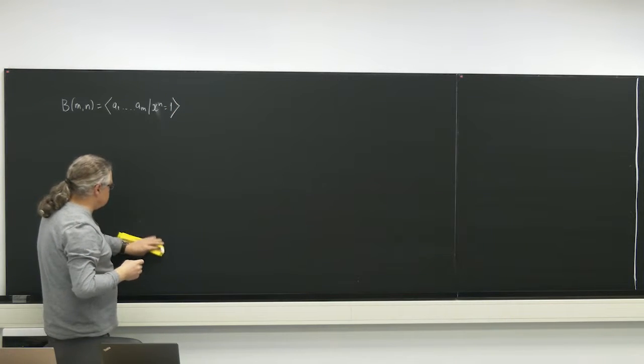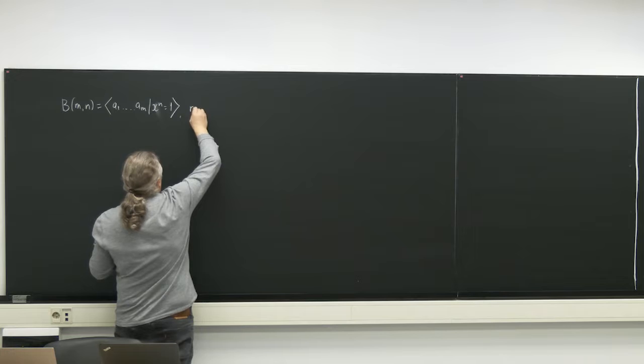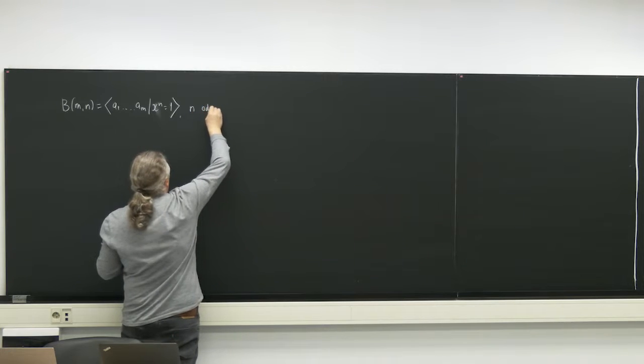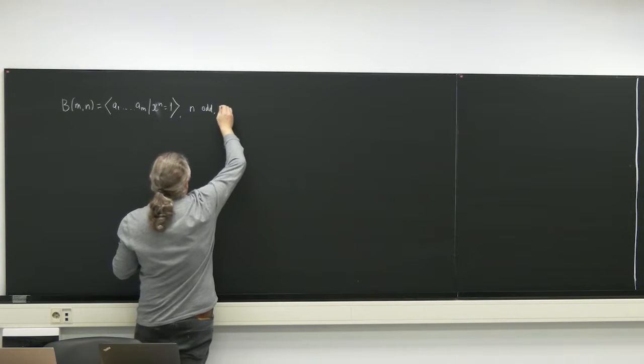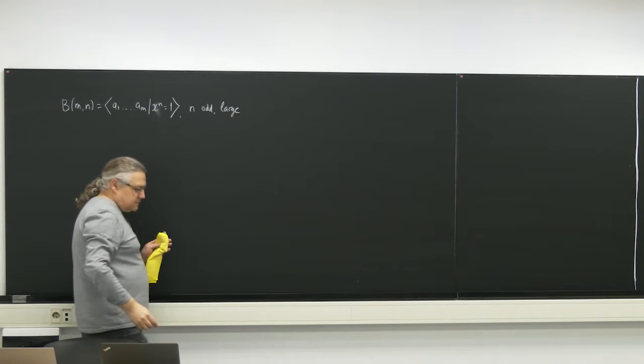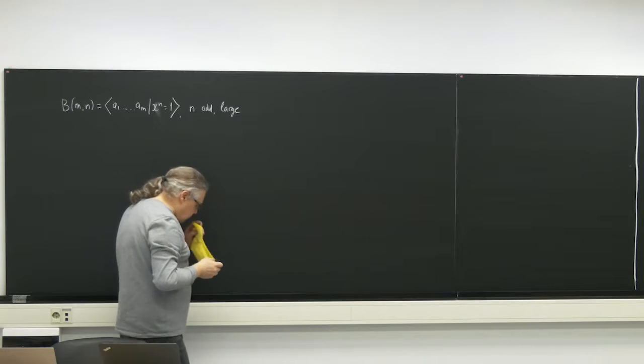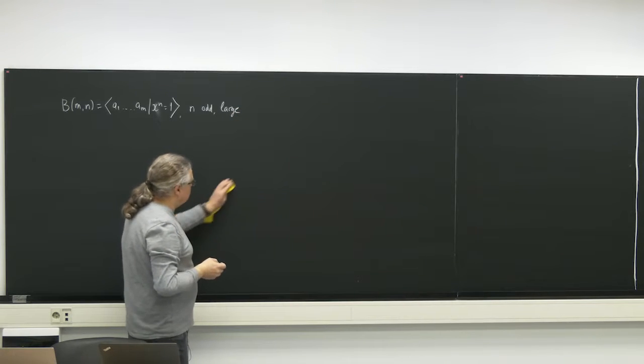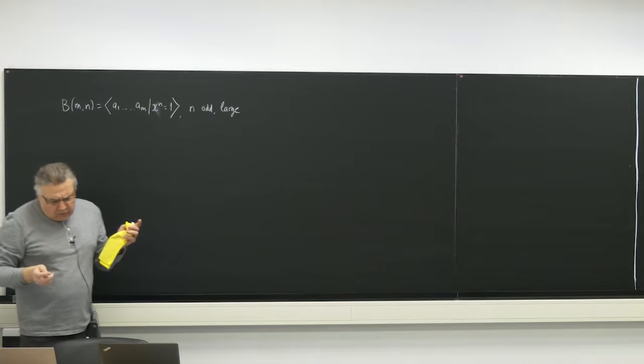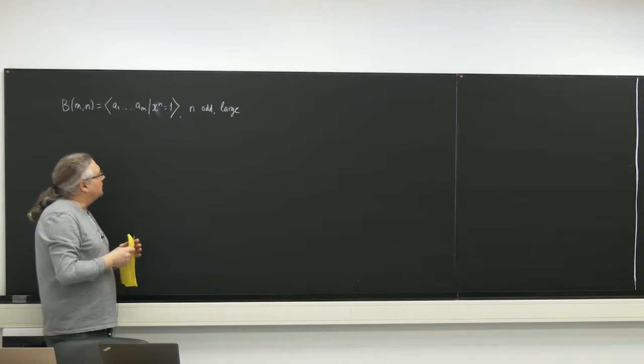We consider the case when n is odd and large enough. I do not specify what it means to be large, but okay, I probably have to recall some history.